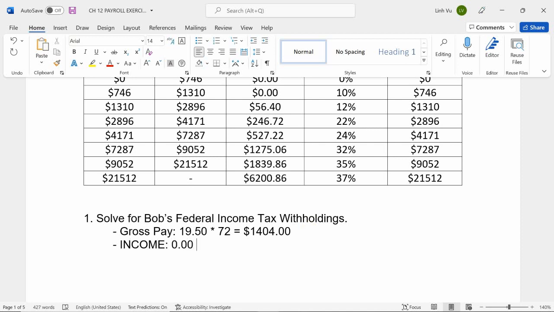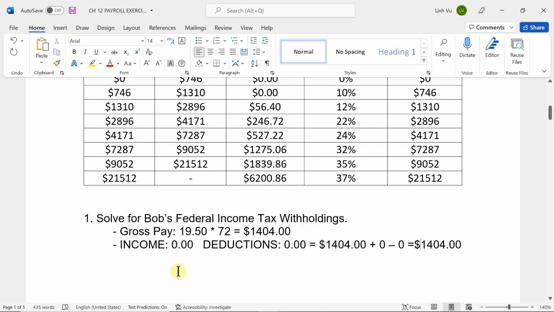Okay, and then any deductions, it does not say that he has any deductions, so that's 0. So in this case, 1404 plus 0 minus 0 is going to give you 1404. Okay, so that means this is how much taxable income we're able to claim.